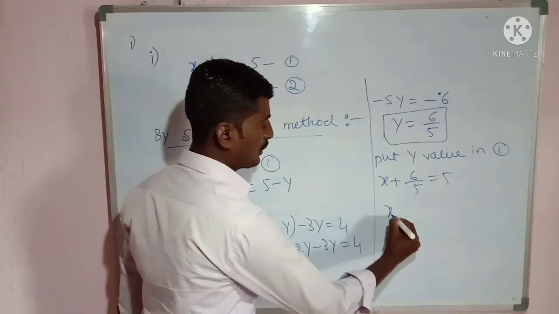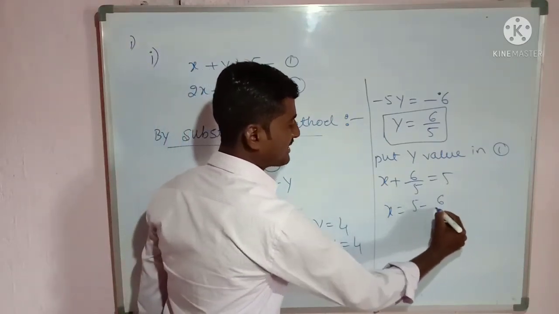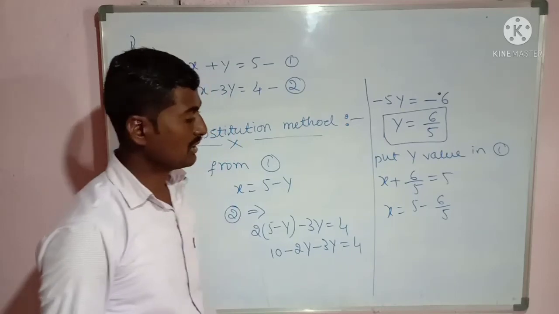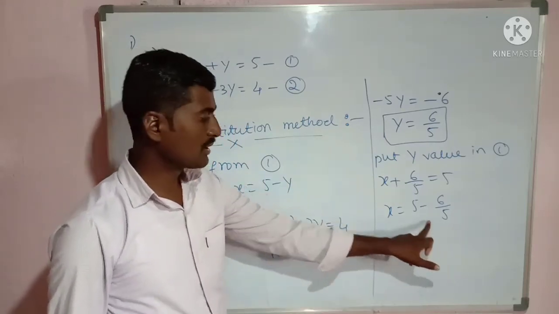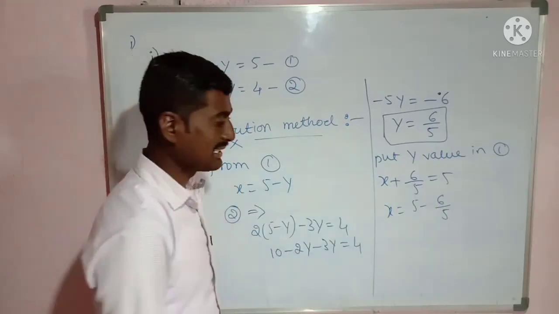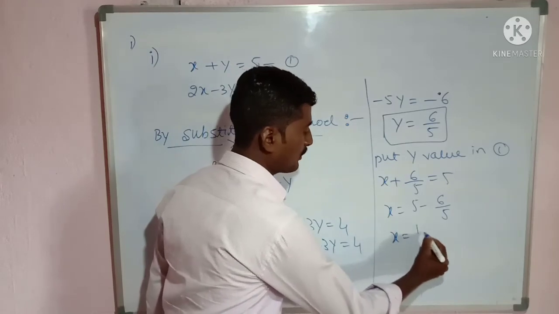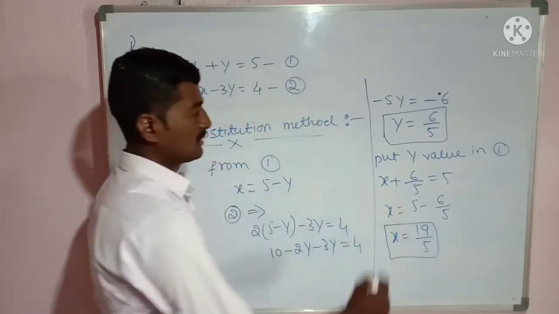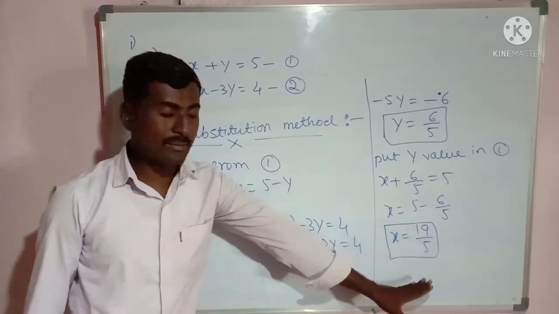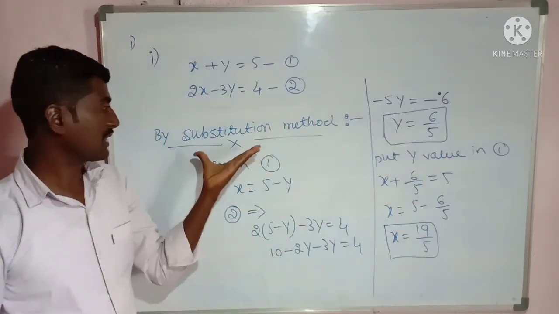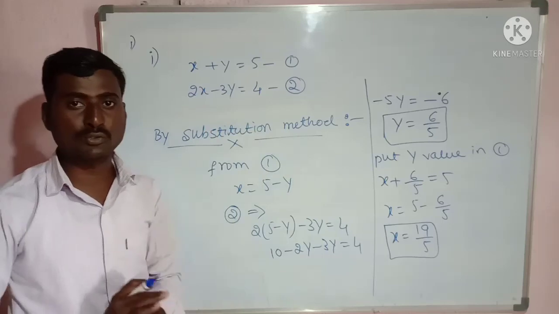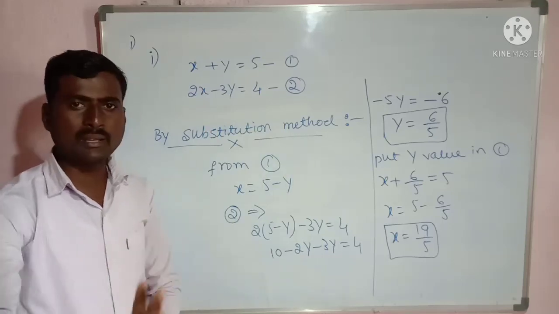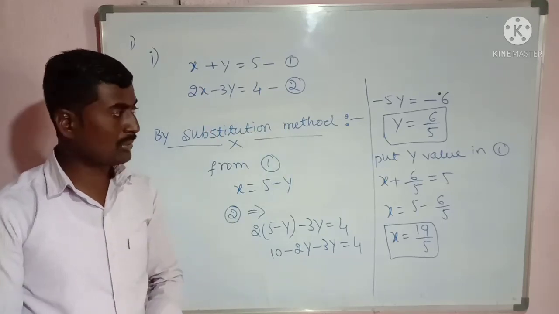Now x is equal to 5 minus 6 divided by 5. So again the same LCM is 5. 25 minus 6 is 19. x is equal to 19 divided by 5. So we got the same answers for x and y by elimination as well as substitution method. You can try the remaining problems by yourself.